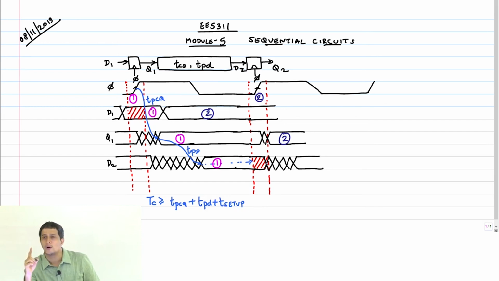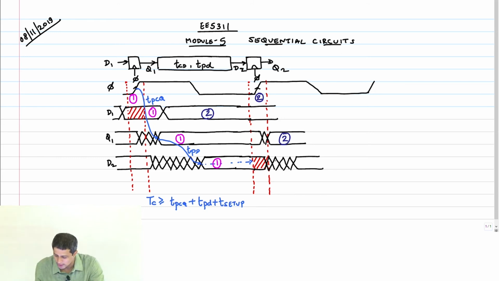Will Q2 get sampled to the value of event 1 or event 2 now? It can be arbitrary, right? Basically, essentially there is a violation, because the change in D1 has raced through and contaminated the value that should have been sampled by the next flop.